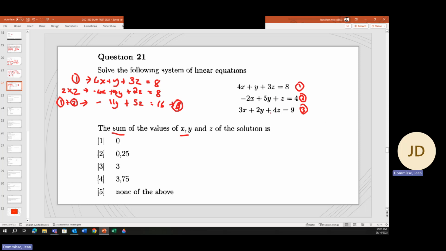Okay, and let's just check if there's something we can do with the second one. I also probably want to get rid of an x or something like that. So, yeah, not really anything nice. So what I would probably have done is multiply formula 2 by 3, multiply formula 3 by 2.